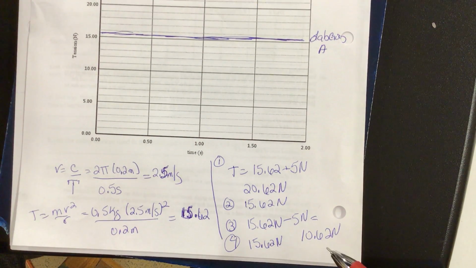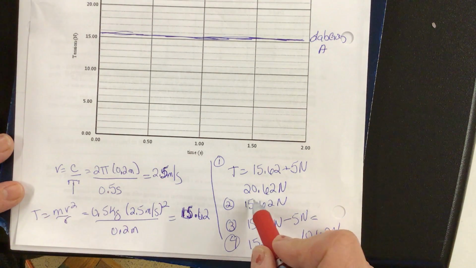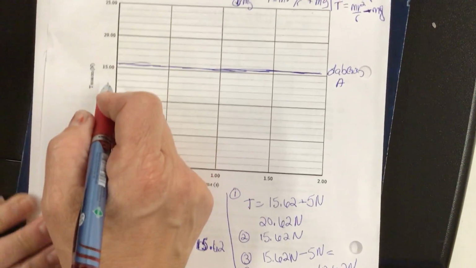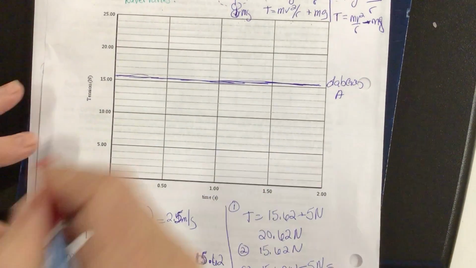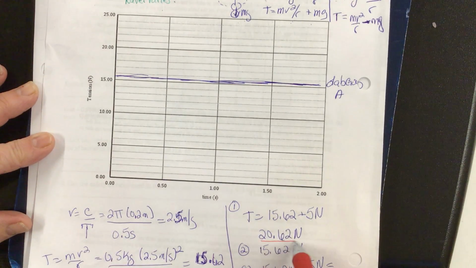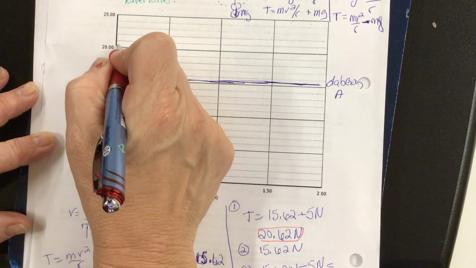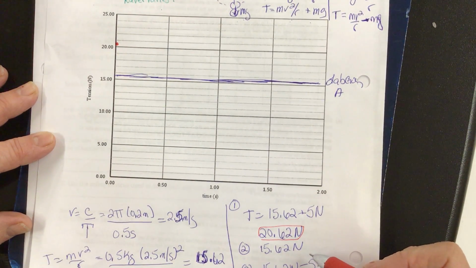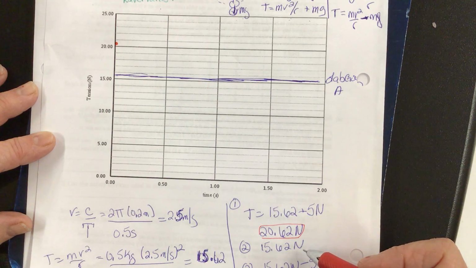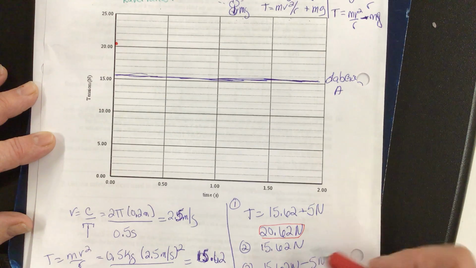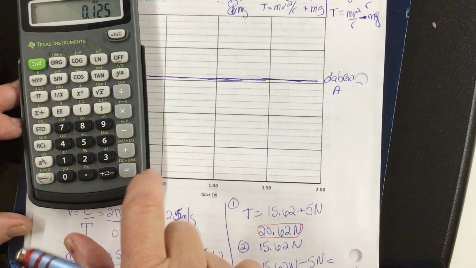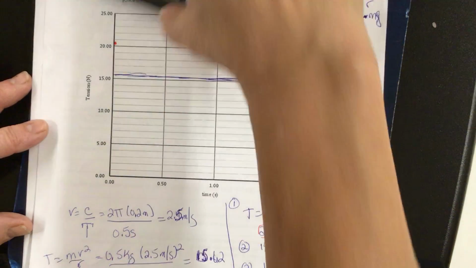So just for simplicity, we're going to start in position number 1. And in position number 1, we have a tension of 20.62. That's at the top. So we're starting up here at 20.62. 1/4 of our rotation later, we're down at 15.62. So 0.5 divided by 4, that means every 0.125 seconds.